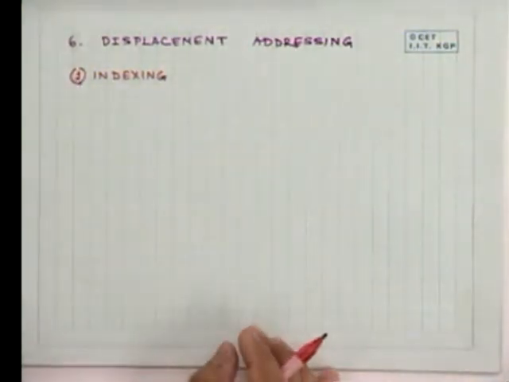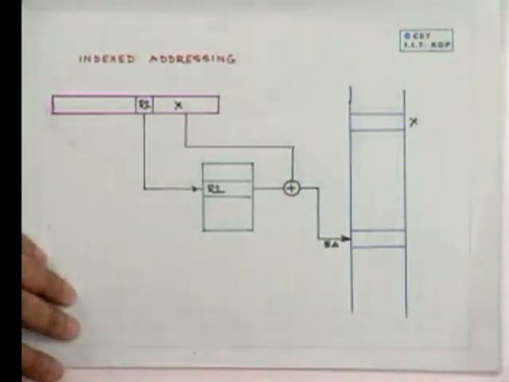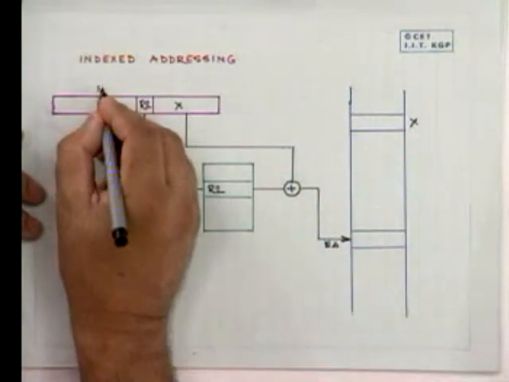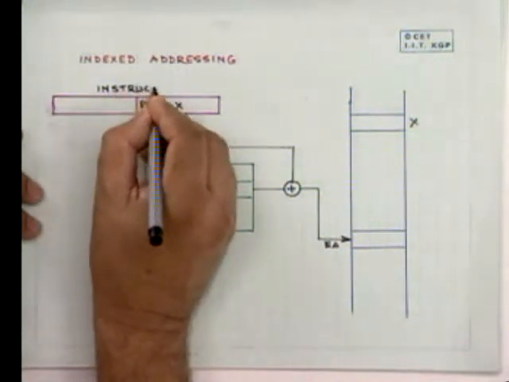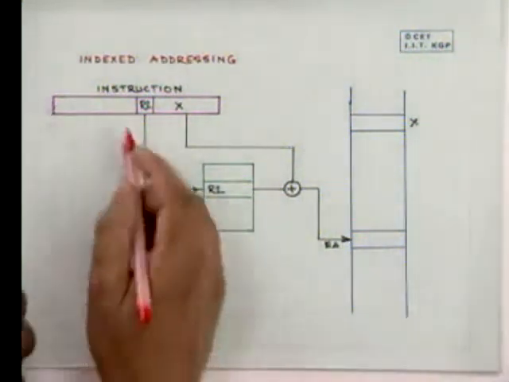In the case of indexed addressing, what happens pictorially is like this. Let's say this is the instruction. In the instruction, you specify two things.